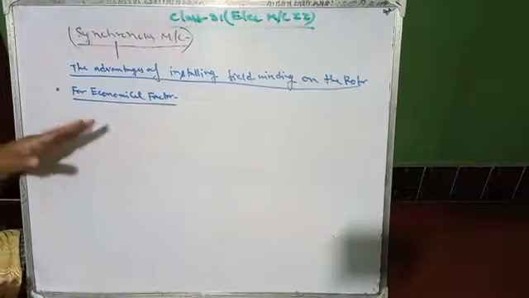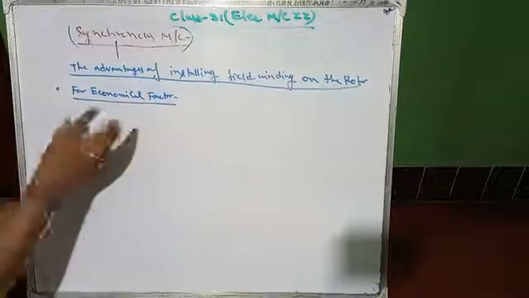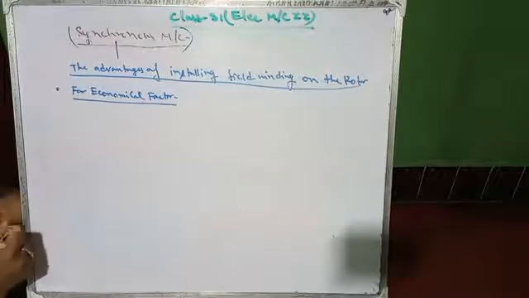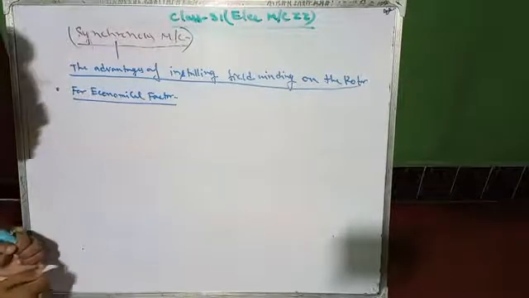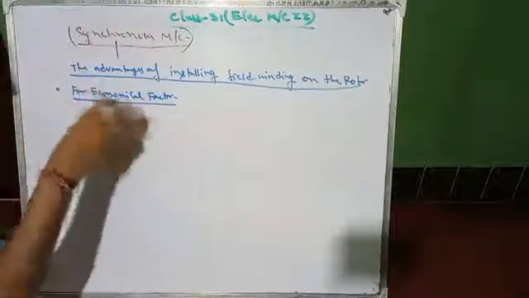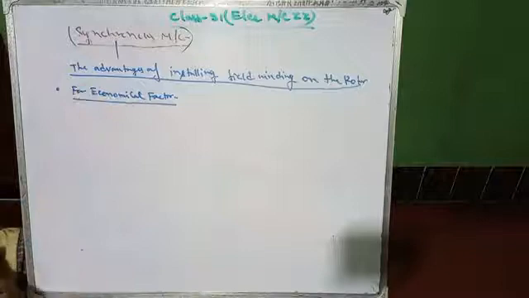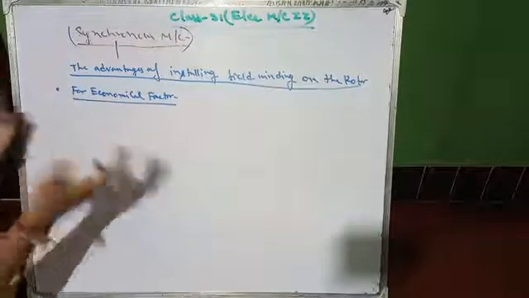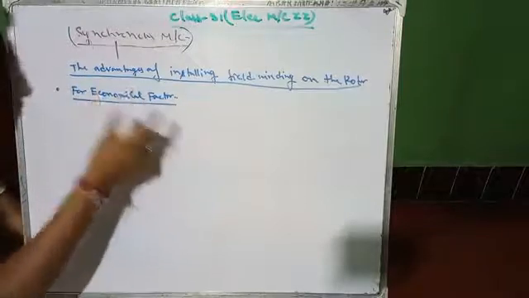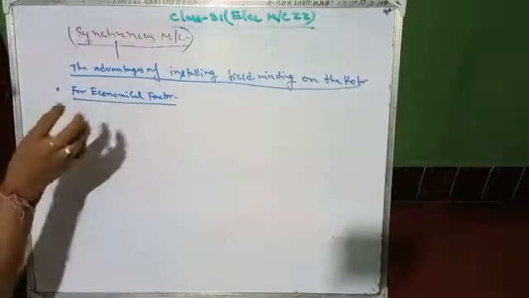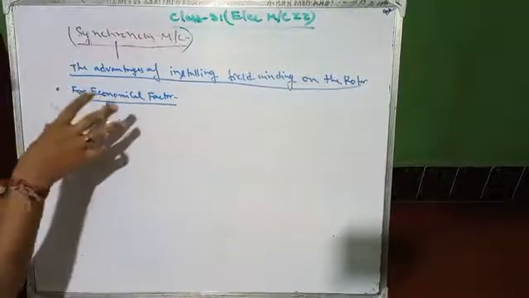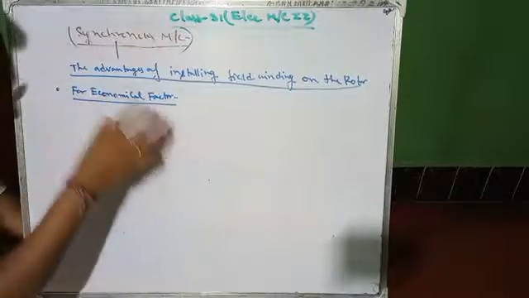So if the armature winding is placed on the rotor, more insulation would be required, and more insulation costs more. That's why, from the economical point of view, it is beneficial to put the field system as the rotor and make the armature the stator part.